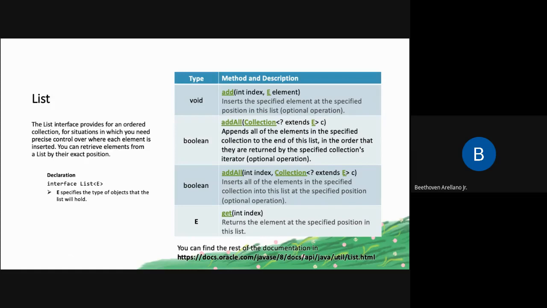To find the index of an object, use the indexOf method or the lastIndexOf method. You can obtain a sublist of a list by calling the subList method, specifying the beginning and ending indices of the sublist.